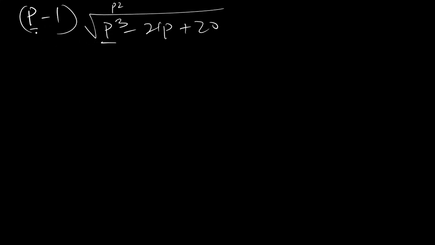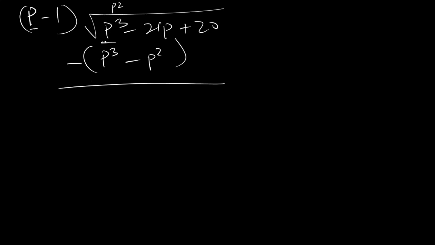So using p minus 1 to divide p cubed minus 21p plus 20, what will it give us? Using p to divide this, you have p squared. P squared times p will give you p cubed. P squared times minus 1 will give you minus p squared. Now this is long division.